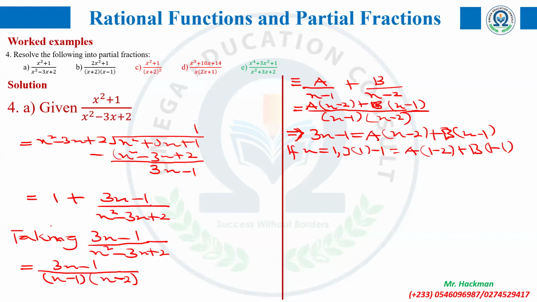Which will give us 3 times 1 is 3, minus 1, so that will give us 2, is equal to minus A. So I'm going to get A to be equal to minus 2. All correct?